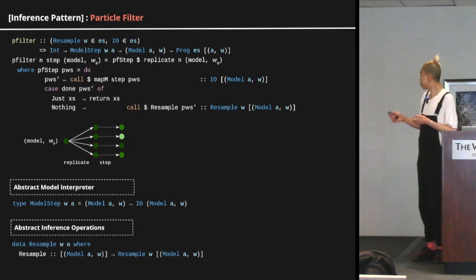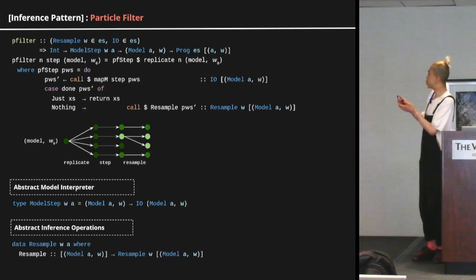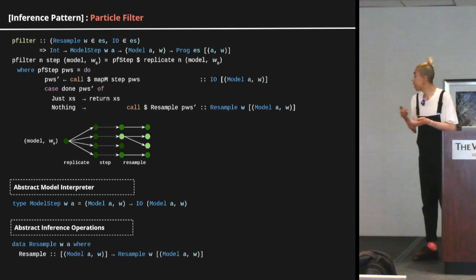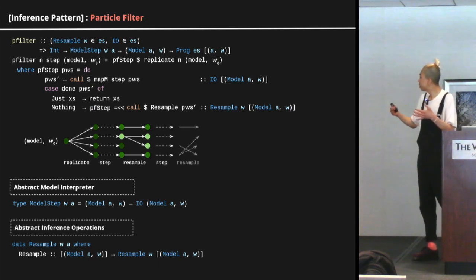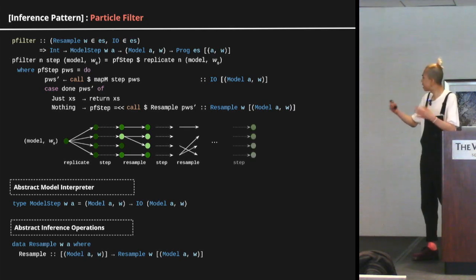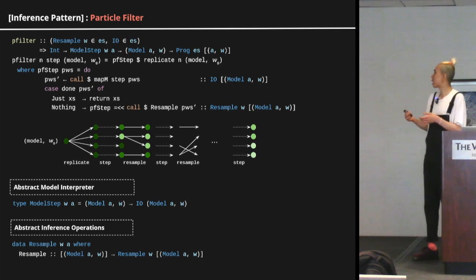For instance, resampling might produce this, where lower weighted particles are discarded entirely and higher weighted particles are cloned. Finally, by recursing, this procedure of stepping and resampling continues, and at the end we should get back a bunch of particles that are likely to produce our observations.